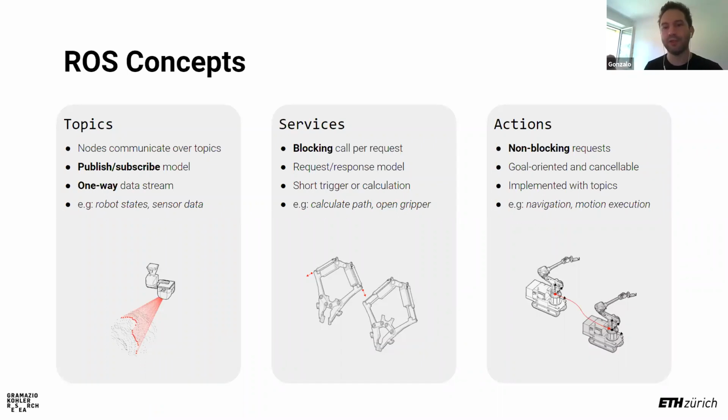This can take an infinite amount of time because the operator can pause the execution, but as long as it's somehow resumable, it will end at some point. So you don't want to be blocking, you want to just get a token to get the goal once it's completed. Examples of this: navigation, execution of motion.